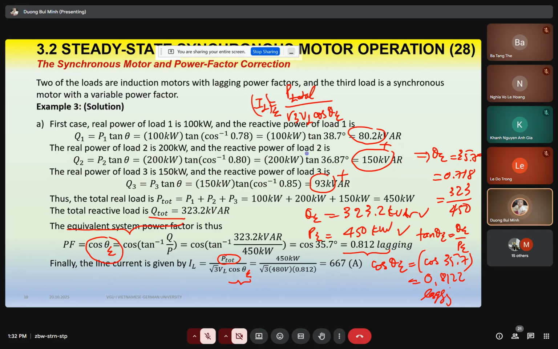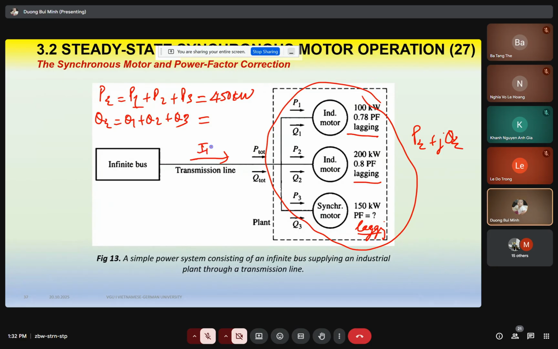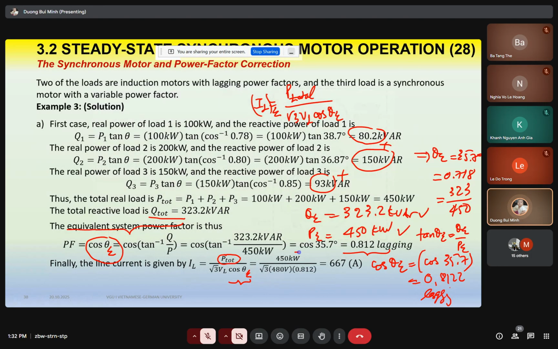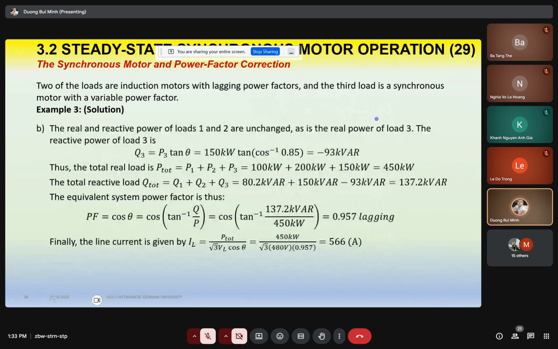So I line total is I1 plus I2 plus I3. So we have the total power is 450 over square root of 3, and the line voltage is 430 volts. And we have the power factor total is 0.812. So after that you can get the line current is 667 amperes. Yeah, this is question A.